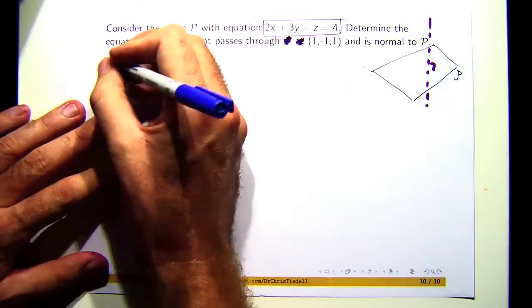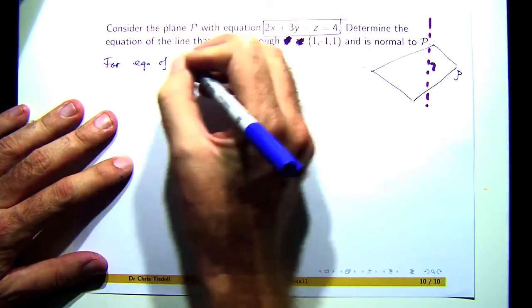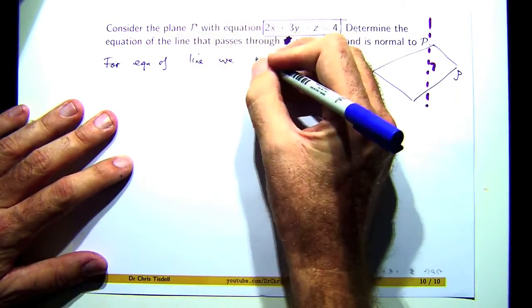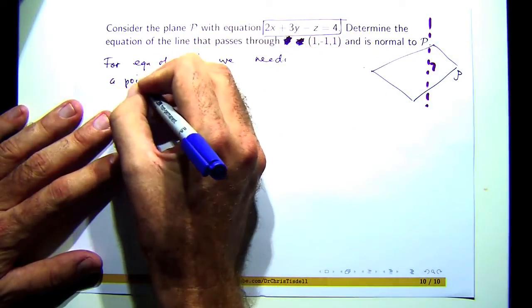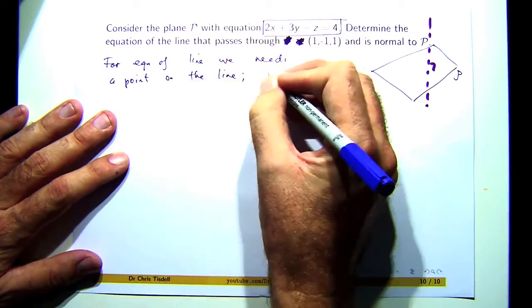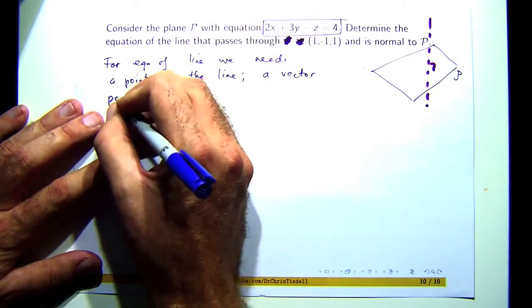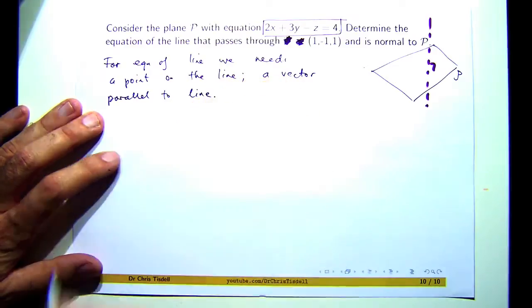We need, say, a point on the line and a vector parallel to the line. Okay?